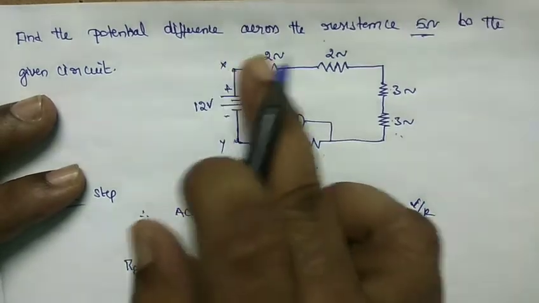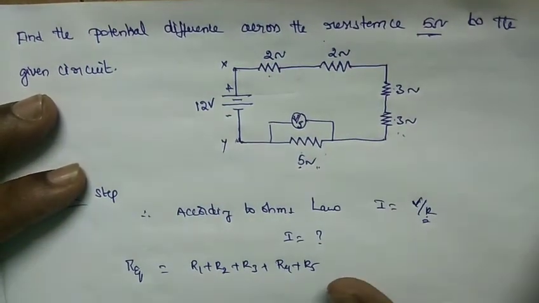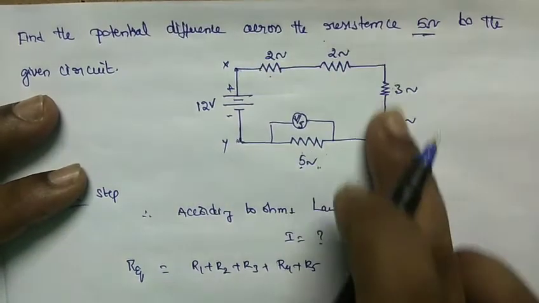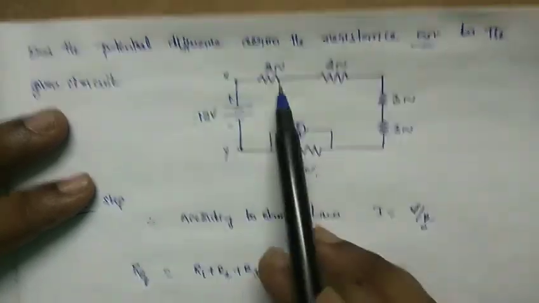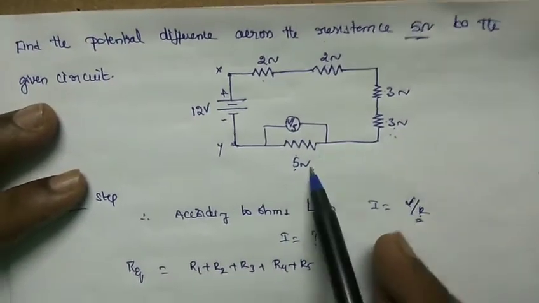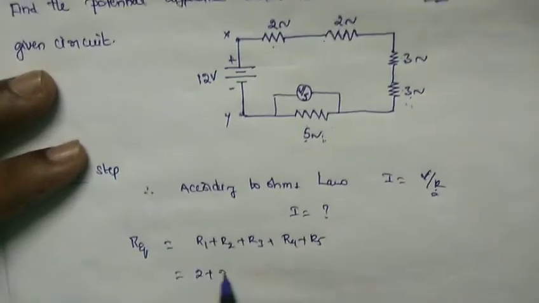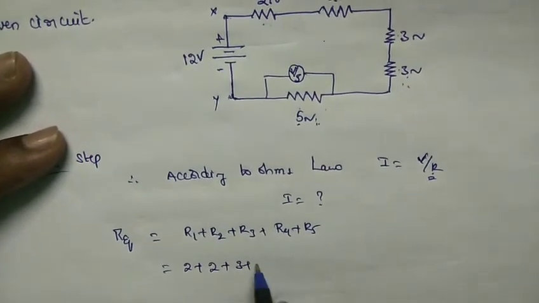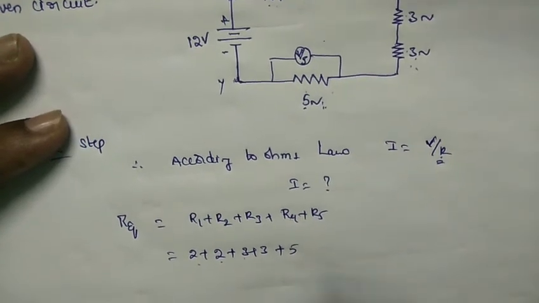Between X and Y the path goes along a single line, with no joining anywhere. That's why these are in series combination of resistance: 2 ohms, 2 ohms, 3 ohms, 3 ohms, 5 ohms. So R equivalent is 2 plus 2 plus 3 plus 3 plus 5.